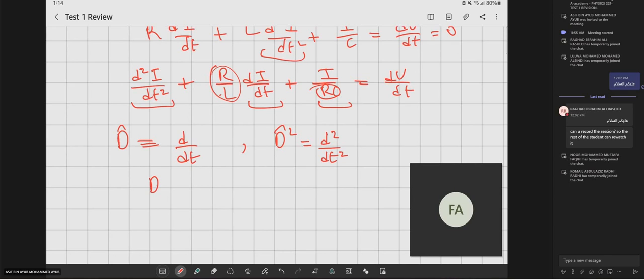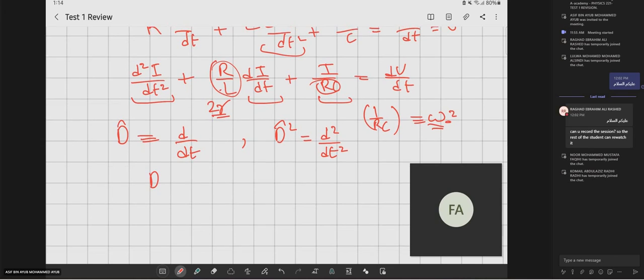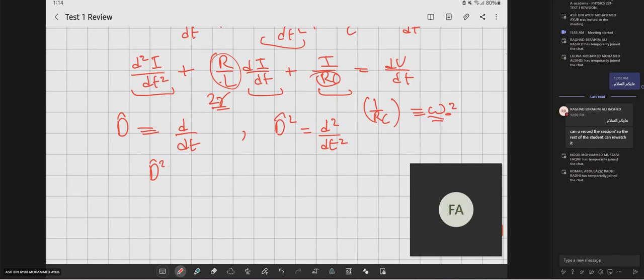For convenience, I'm going to write R over L as 2 gamma, and 1 over LC I'll define as omega naught squared. There are actually physical meanings for these values, and you learn about them in classical mechanics if you take it next semester. So I'll have D squared plus 2 gamma D plus omega naught squared, the whole thing acting on I, equals dV/dt.